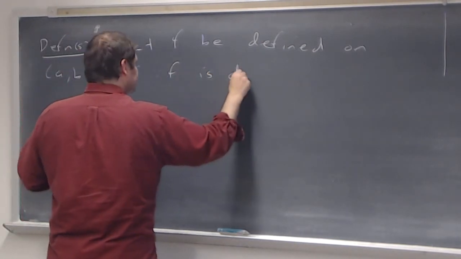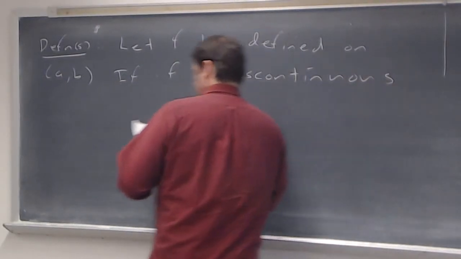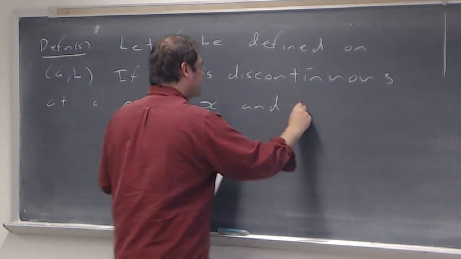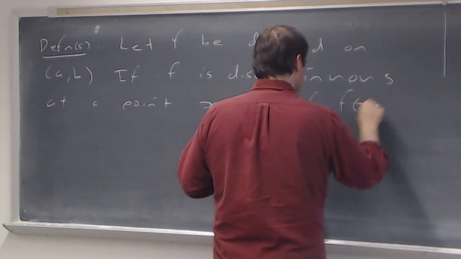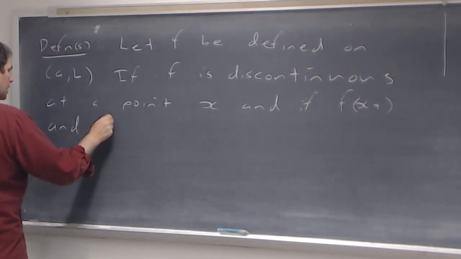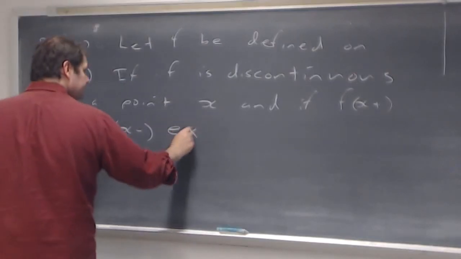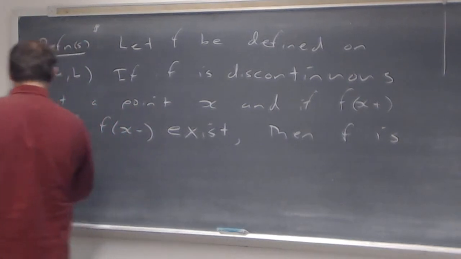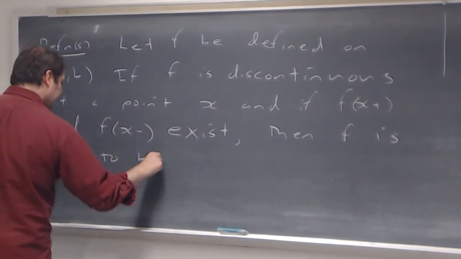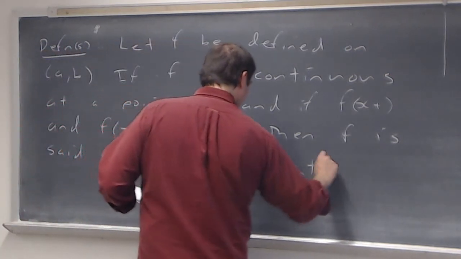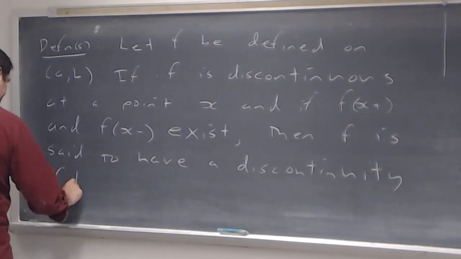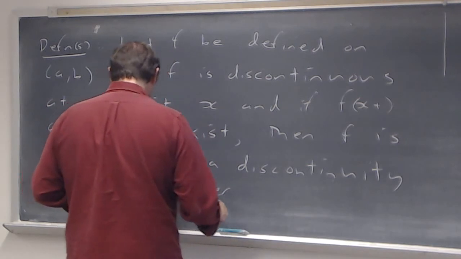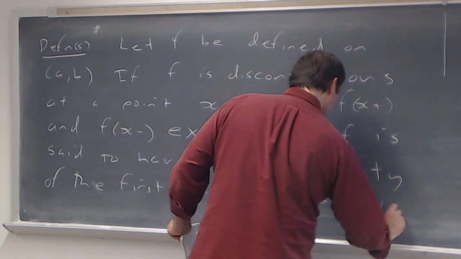If f is discontinuous at a point x, and if the right-handed limit and the left-handed limit exist, then f is said to have a discontinuity of the first order, or a simple discontinuity.